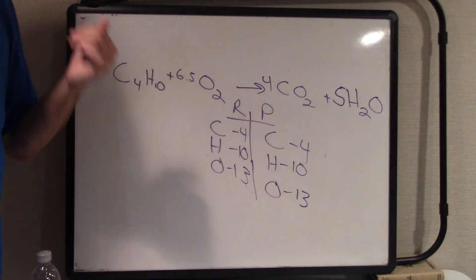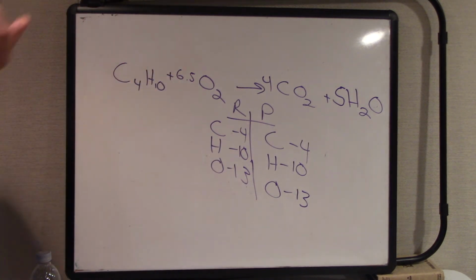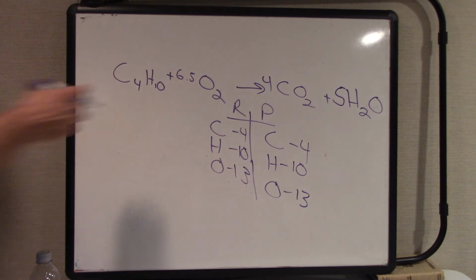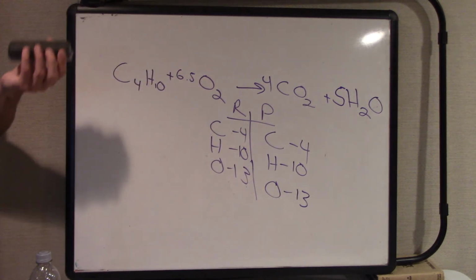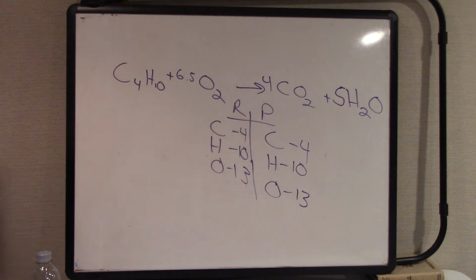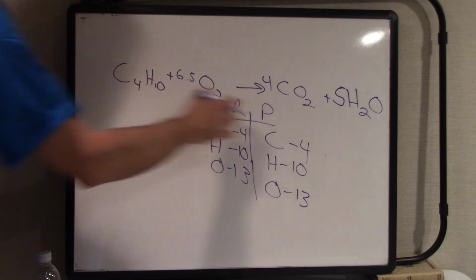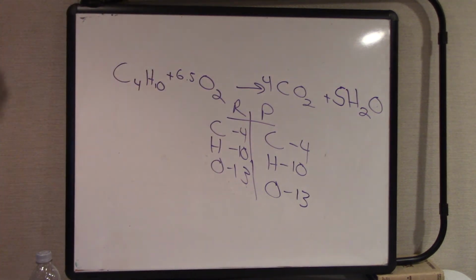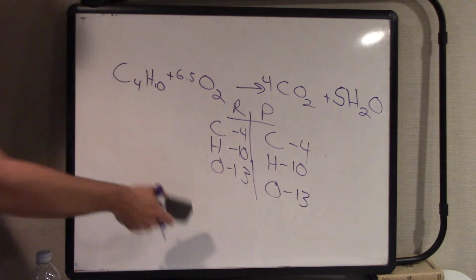There's no such thing as half a molecule, or a quarter of a molecule, or 2/3 of a molecule. 0.5 molecules doesn't mean anything. Molecules only come in whole amounts. So even though this mathematically makes sense, chemically this doesn't make sense yet. I can't leave fractions or decimals here, even if that does make the math correct.